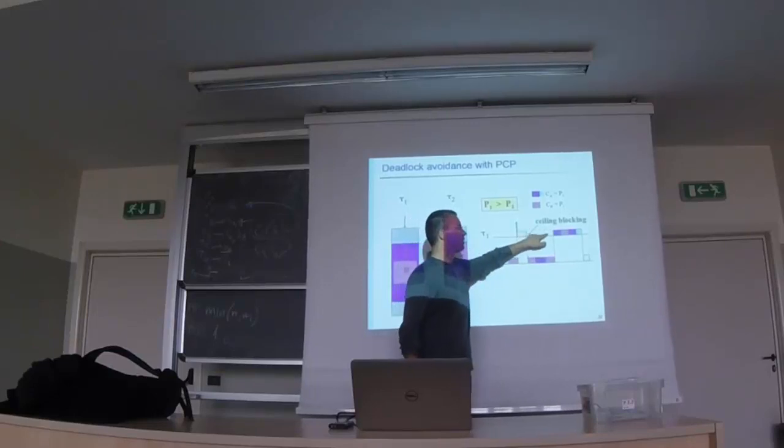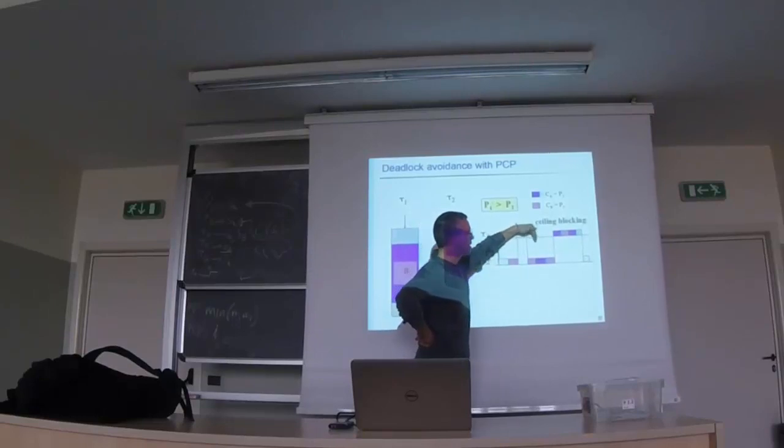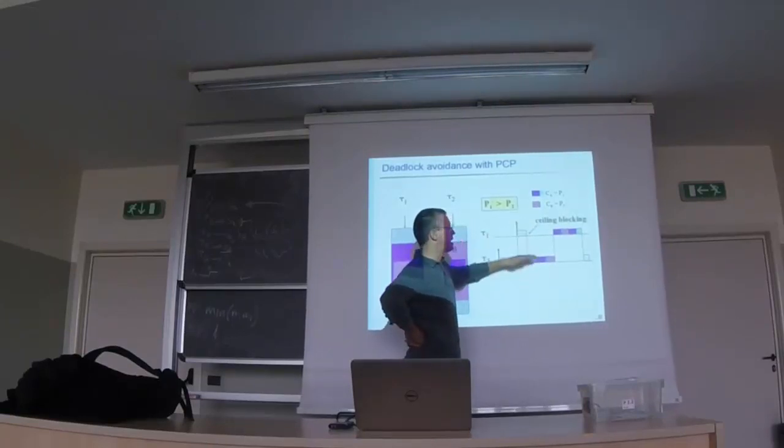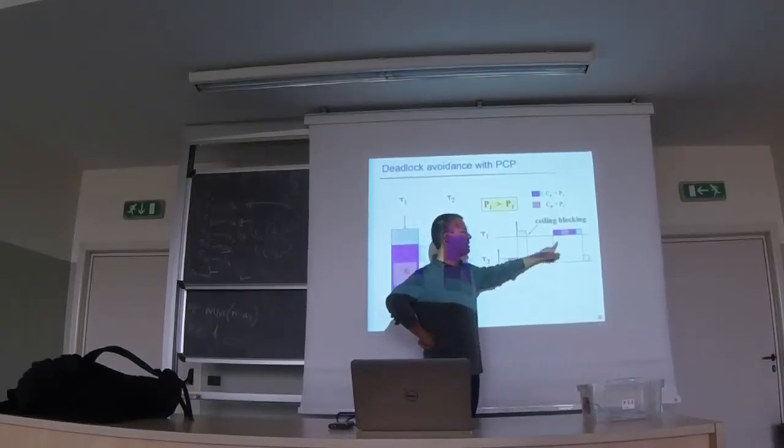Since it is ceiling blocked, priority inheritance, this guy inherits tau1 priority, and this guy can continue, lock A, release B, and then this guy will be able to preempt.